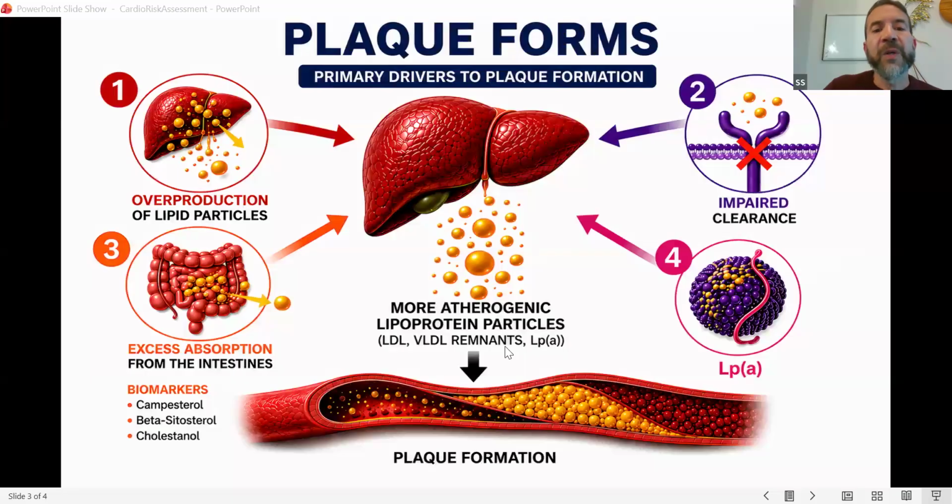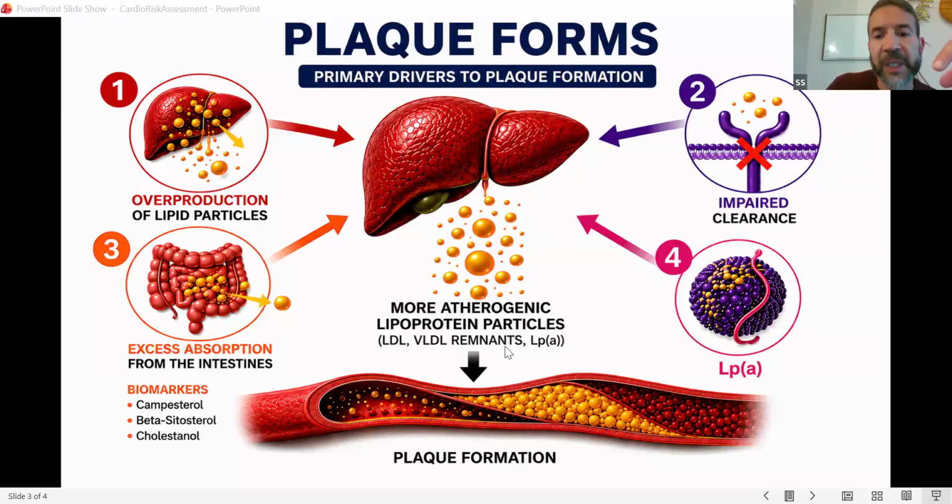Now, sometimes there is a reabsorption issue, and cholesterol is reabsorbed from the intestines and sent right back into the liver. And this is not cholesterol from food. This is the cholesterol that is excreted out by the bile.